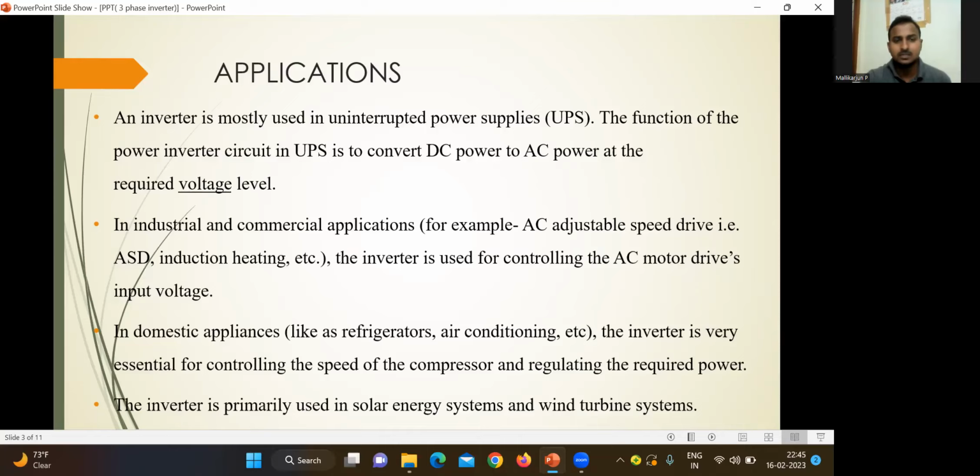Next are domestic applications like refrigerators, air conditioners, fans and washing machines, different blowers. All are variable domestic loads. These are single phase but domestic, on the low power side. And the inverter is very essential for controlling the speed of the compressor.